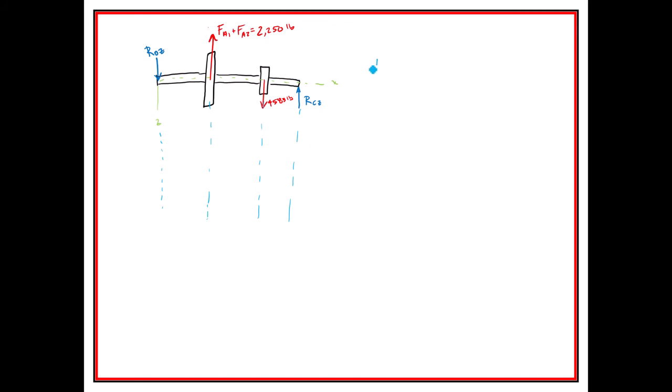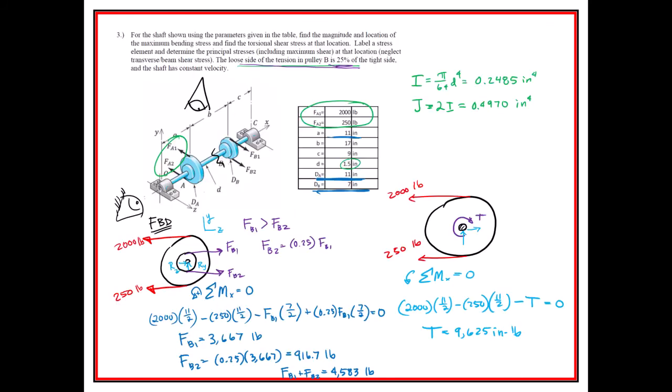So I say the sum of the moments about O is equal to 0 counterclockwise, and I start marching through. First off, I see that the 2,250 is going to go counterclockwise, so that's 2,250, and the length of it is going to be A right here, which was 11 inches, right?